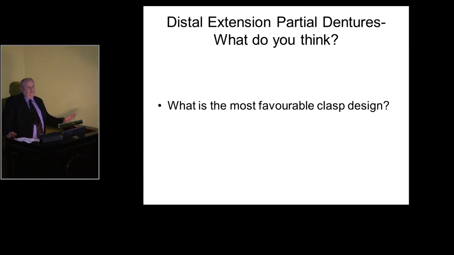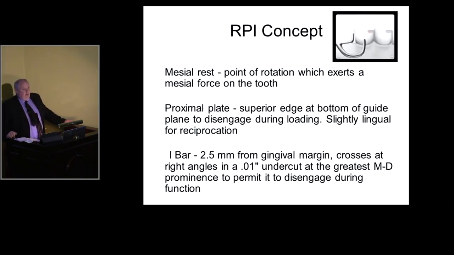So what's the most favorable clasp design in mandibular Kennedy 1 partial dentures? What's the most favorable clasp design? 3 letters. RPI. Great. So the RPI concept, so what does it allow us to do? What is it? R stands for mesial rest. It directs the loads down the long axis.